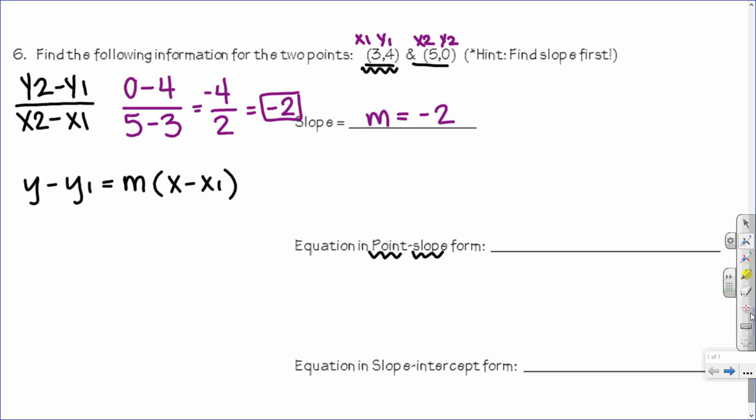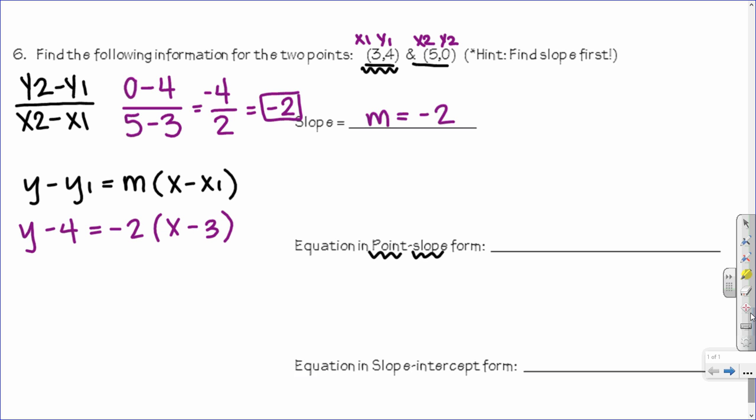So here we go. Y minus y1. Well, my y1 here is 4 equals m, my slope is negative 2, times x minus x1. Well, my x1 is 3.